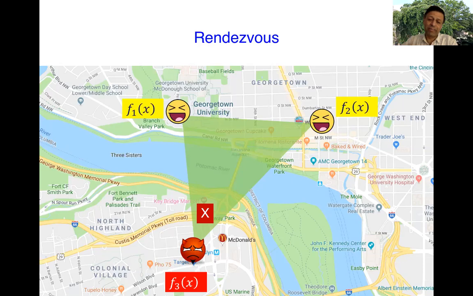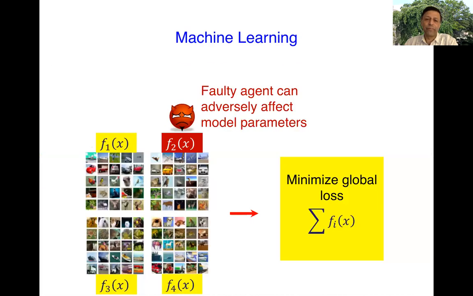If that's the kind of cost function that agent 3 pretends to have, then when we minimize F1 plus F2 plus F3 and meet at a location where the global cost is minimized, what's going to happen is that we're going to end up meeting at the location of preference of agent 3, because agent 3 picked this cost that is very high everywhere but the location or in the vicinity of the location where that agent wants to meet. And in effect, the agent can bias the output of this distributed optimization arbitrarily.